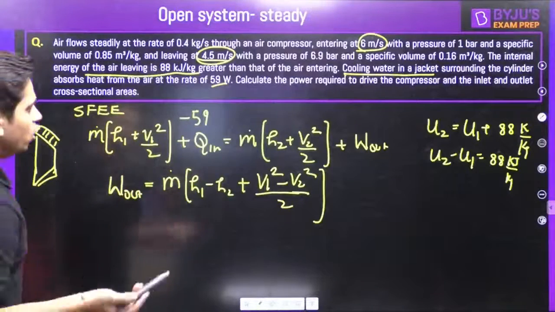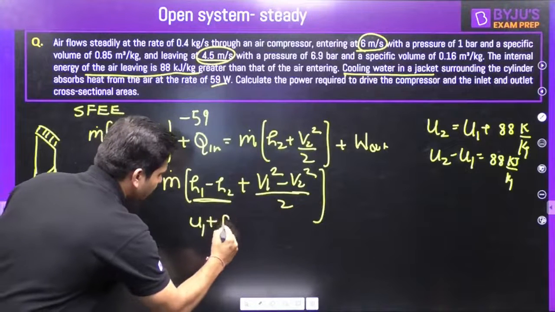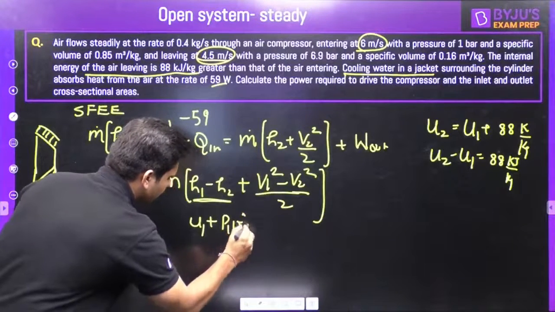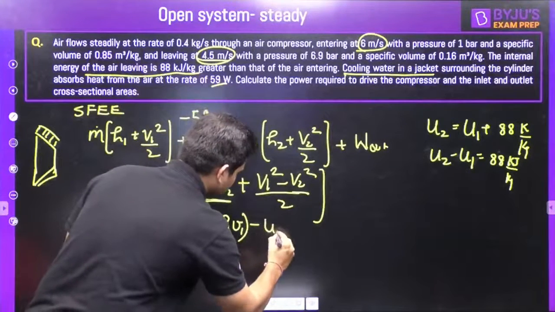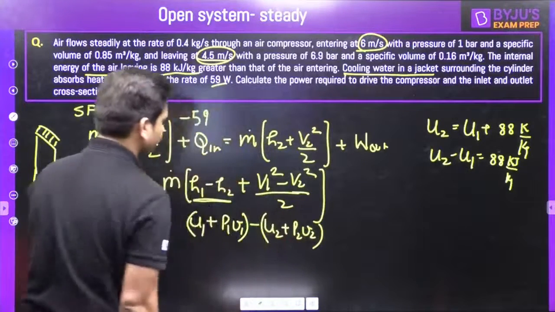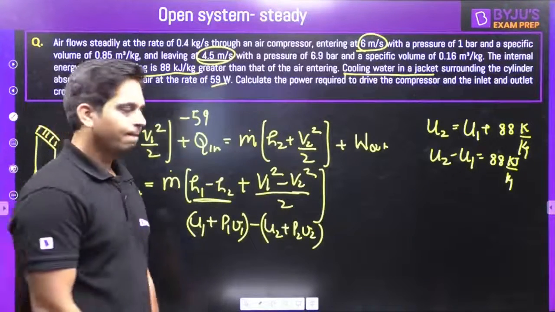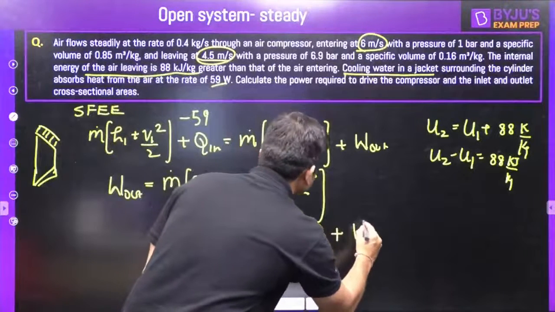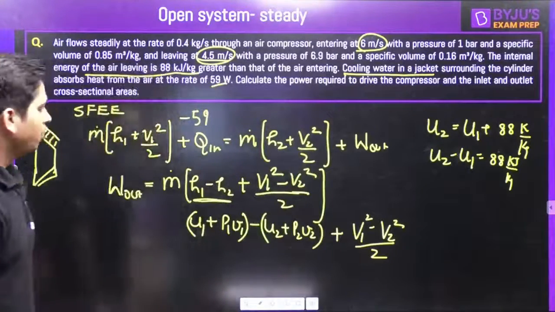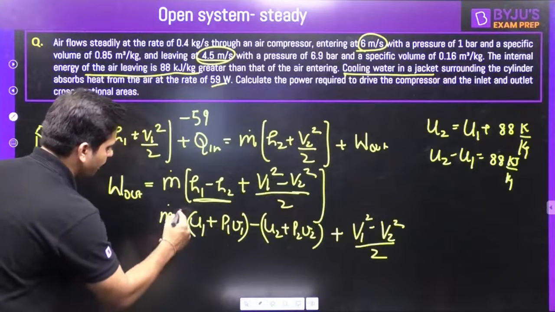Now what you need to do here, you need to convert this into (U1 plus P1 V1, specific volume) minus (U2 plus P2 V2) plus (V1 square minus V2 square) by 2. Did you try the same way? You know everything. Mass flow rate.